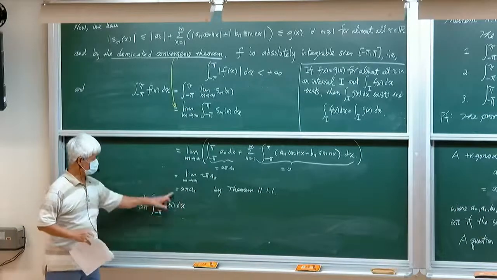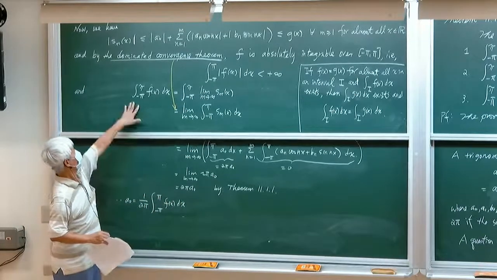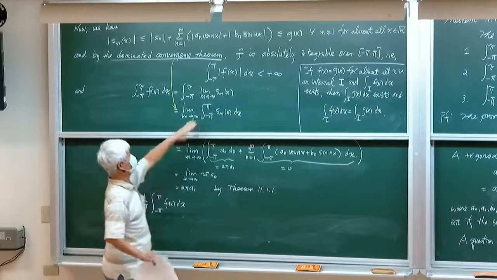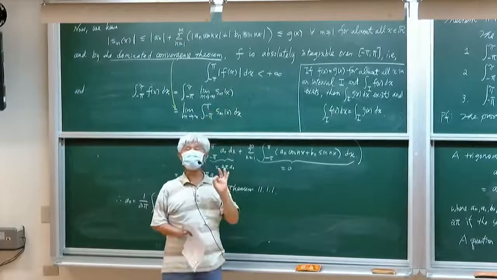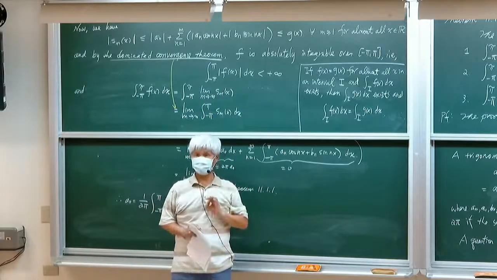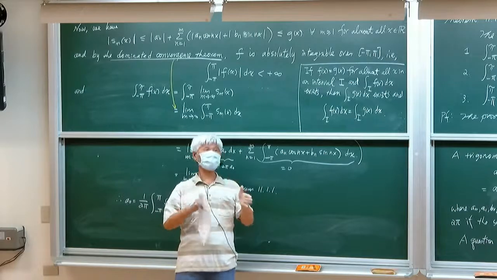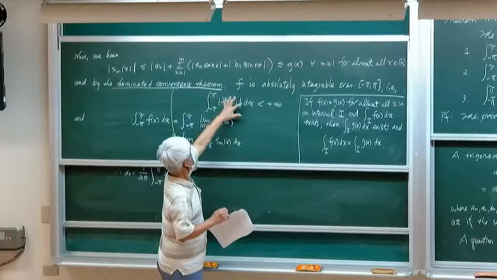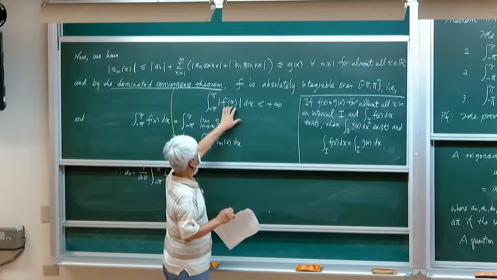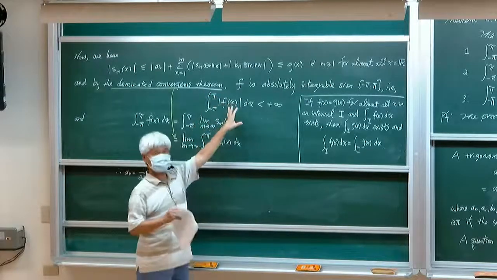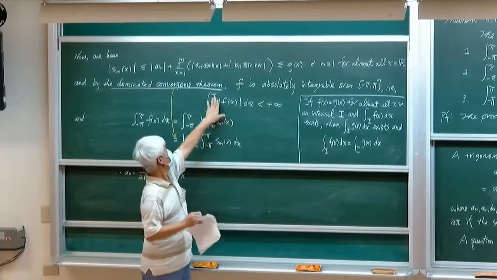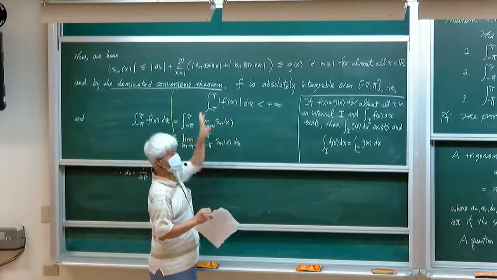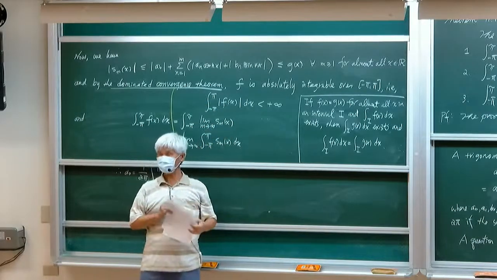And the existence of this integral is because of the dominated convergence theorem. If a function is absolutely integrable, then this function is integrable. This is from calculus. So if the absolute value of a function has a finite integral, then the function itself, without the absolute sign, also has a definite integral.